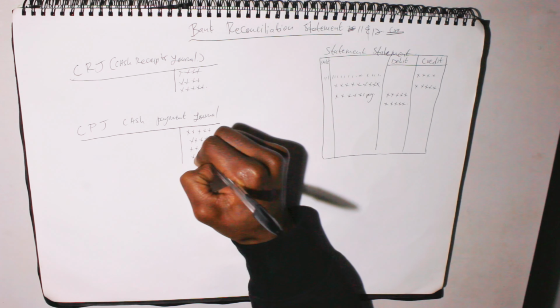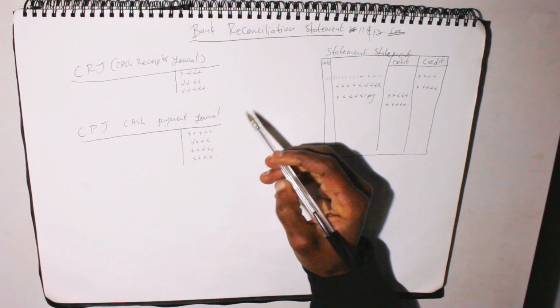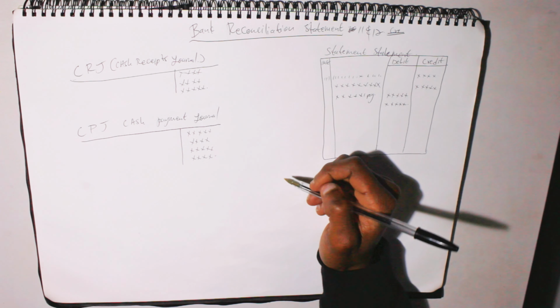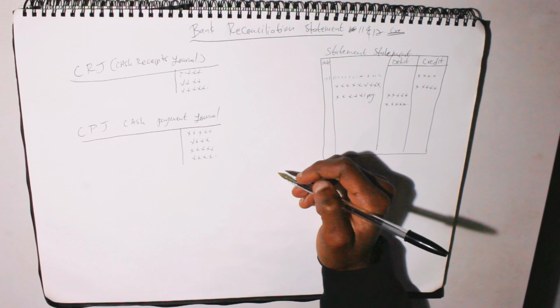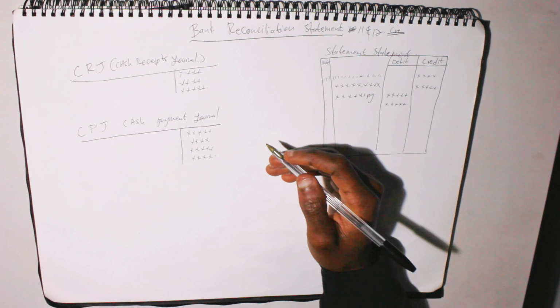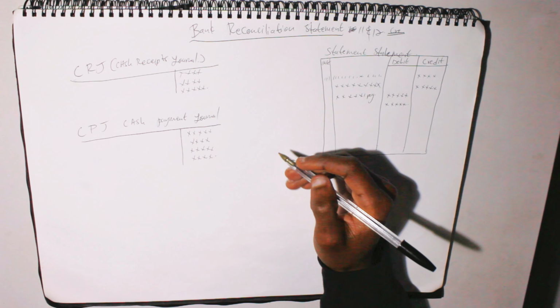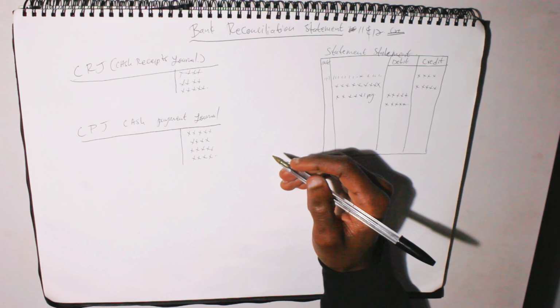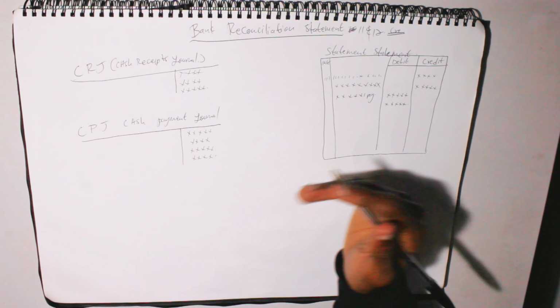Now, before we do our bank reconciliation statement, first of all, we need to find errors between the business and the bank. Who made a mistake? By doing that, we will start comparing the two. We'll compare our books and the bank statement.